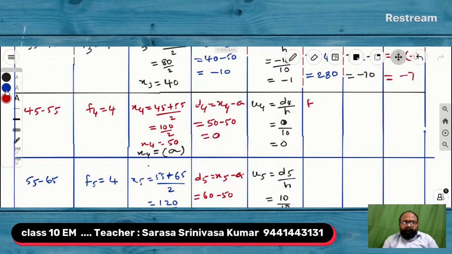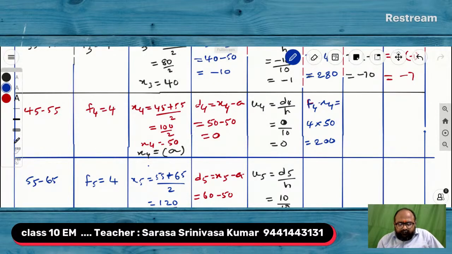Now we calculate F4 X4. This is equal to F4 is 4 multiplied by X4, which is 50. This is equal to 200.